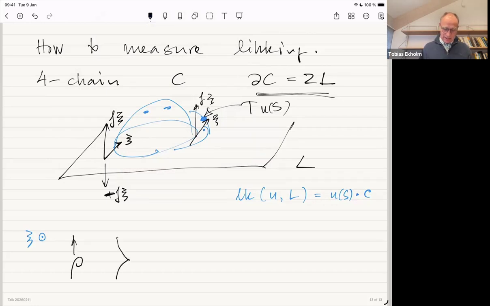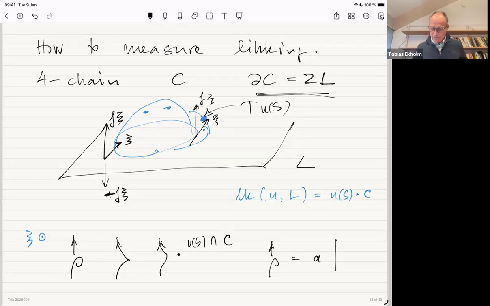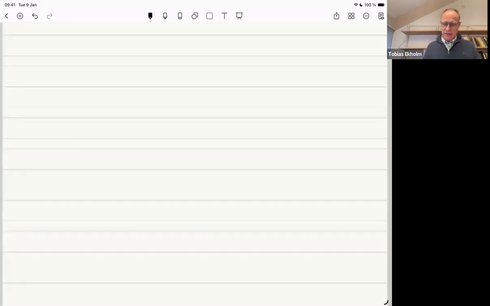Here we have the tangency, and then after the tangency, we have an intersection. So this is U of S intersect C, right? And this is exactly the relation that this guy is equal to A times that one. So this accounts for the A. So we see that if we now fix this 4-chain and do this business, then we actually have a deformation invariant count. Okay? So let me write down the deformation invariant count.